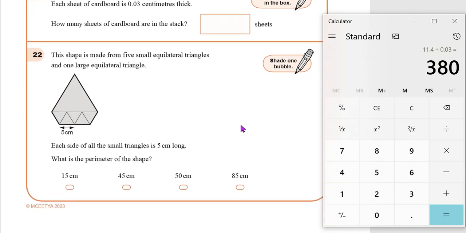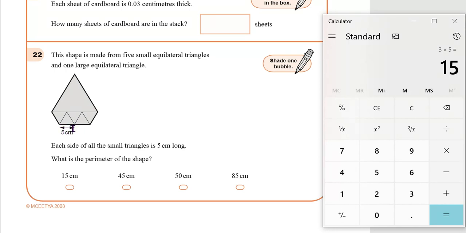This one, again, you could have a calculator just to help you add things up. You know that there's the base, I guess we'll call it, the flat side of those 3 triangles, make the base of this large equilateral triangle. And they're 5 centimeters, so you can do 3 times 5 is 15. So that means that this big long side and that big long side is 15.